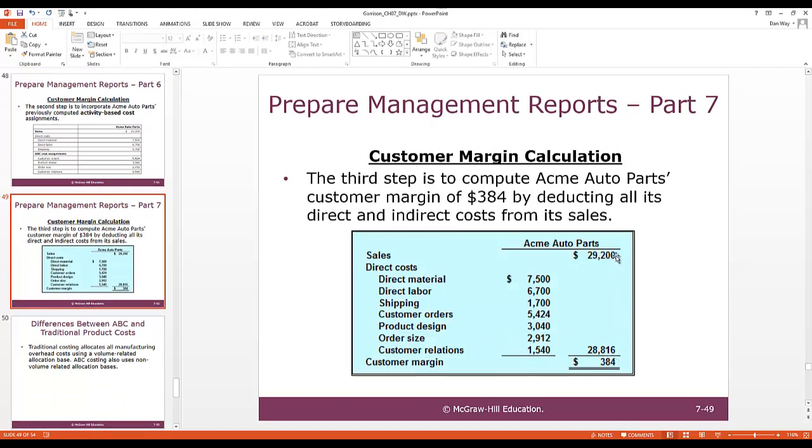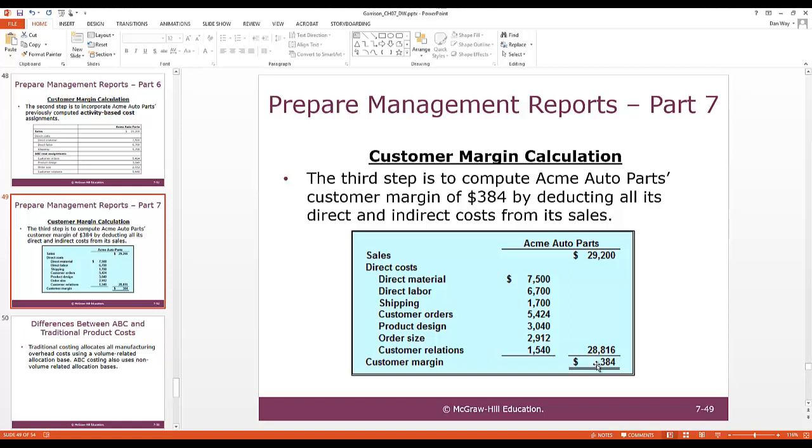So again, for Acme here, that's the $29,200 in sales minus those direct costs, materials, labor, and shipping, minus the assigned overhead costs of customer order, product design, order size, and customer relations. And when we do that, we see that Acme Auto Parts had a customer margin for this particular period of $384.